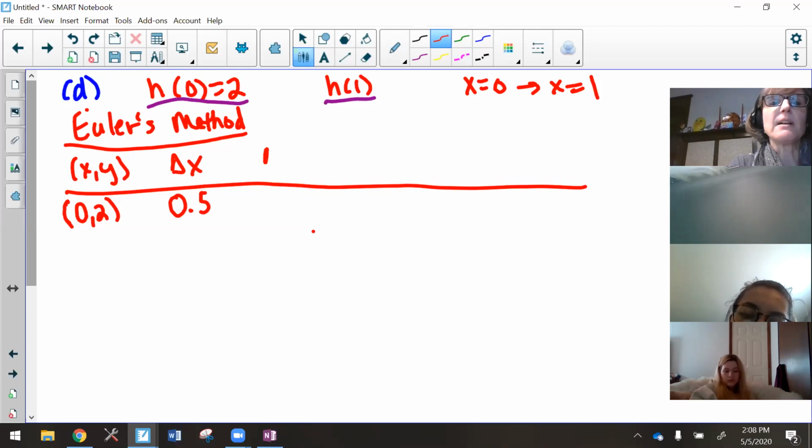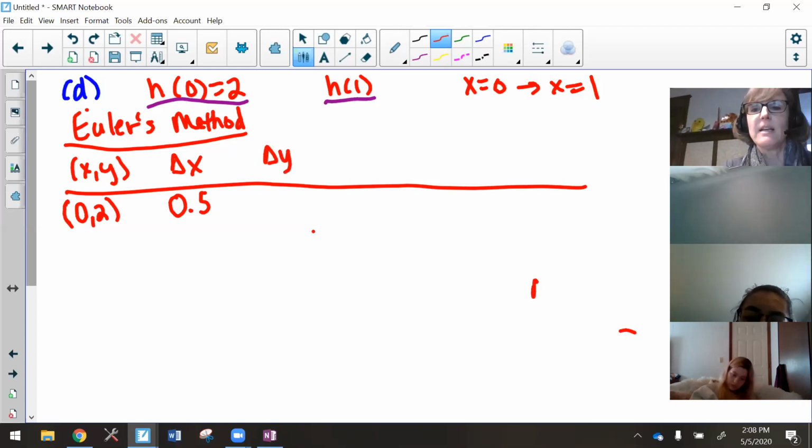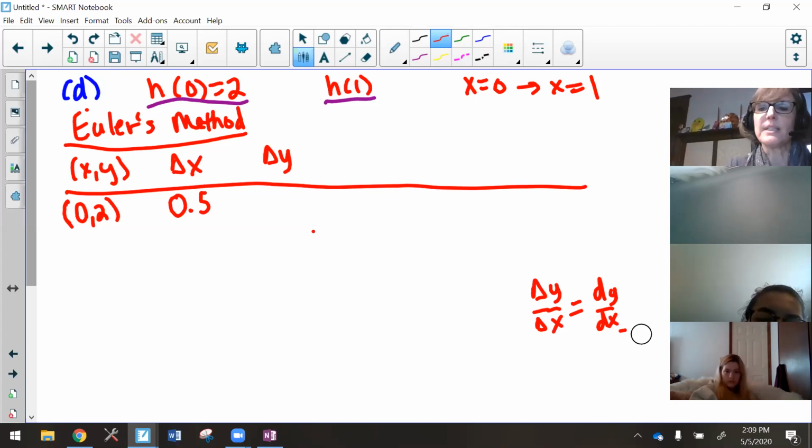A big part of Euler's method is saying, and I'll go over here and write it, that estimating or assuming that dy dx is equal to delta y over delta x. That I can approximate delta y over delta x as dy dx, or the other way.